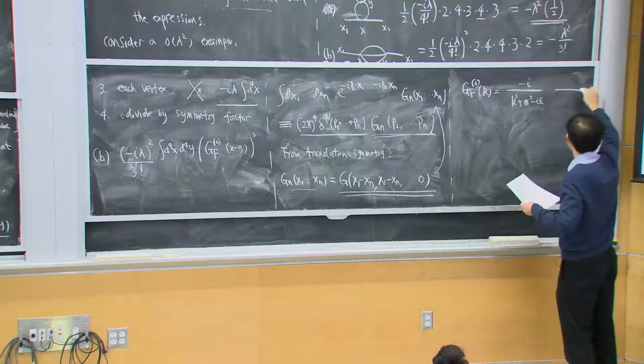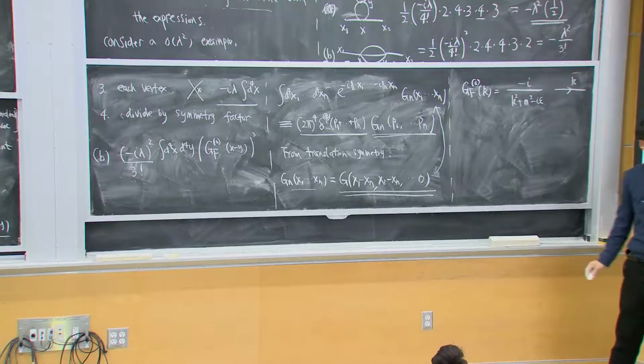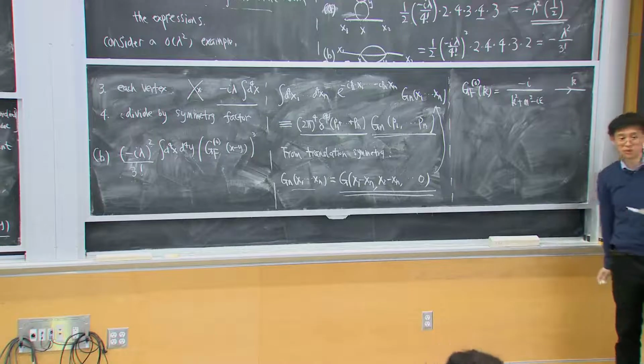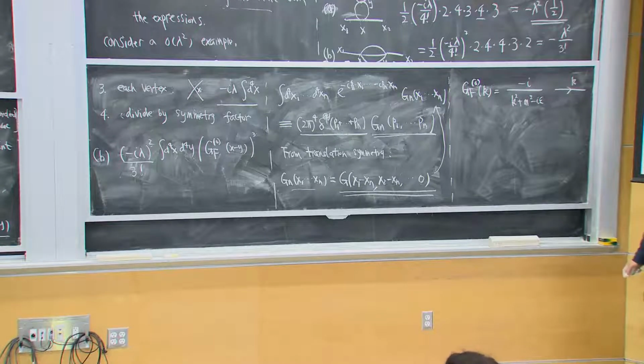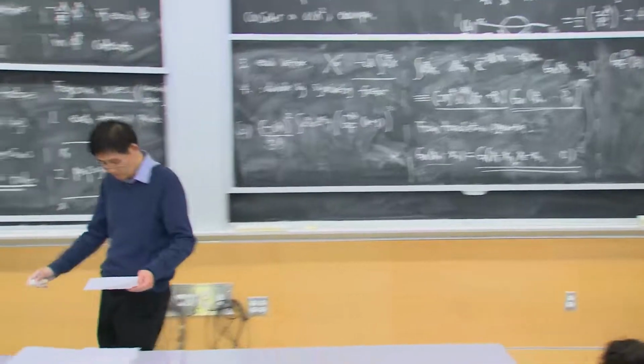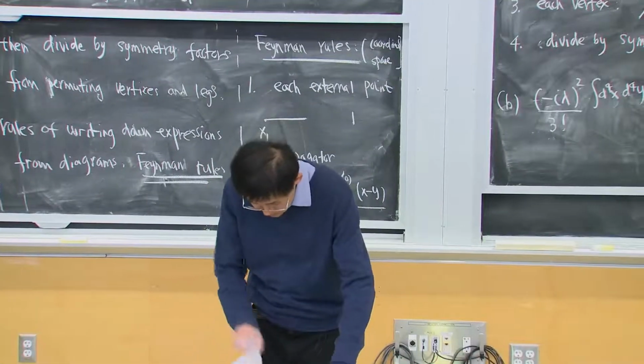So now you have a line, but now it's labeled by momentum k, okay? This k denotes the direction of the flow of momentum, this arrow. Good, so now with this rule, you can easily write down, you can just translate.